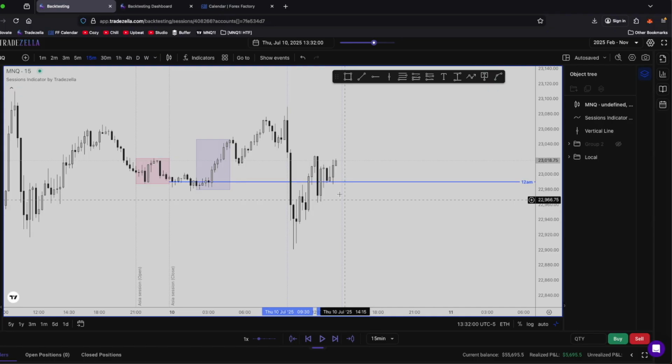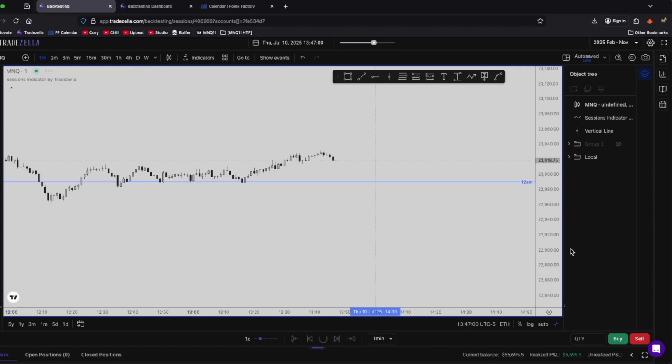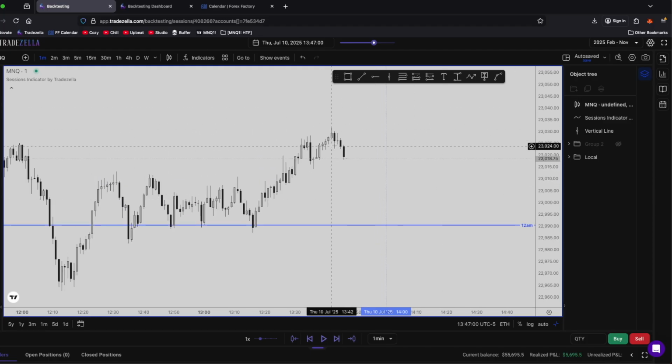So that's the 1:30 candle. I'll do one more candle forward. Okay, so we tapped into here, that fair value gap, that volume imbalance. So we're back on the 1 minute.